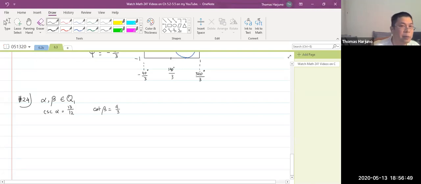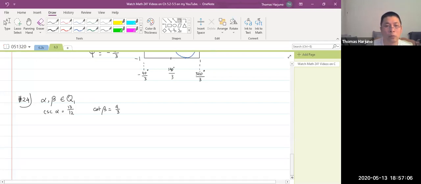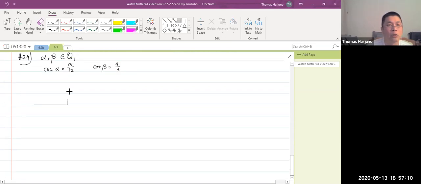Now you need to anticipate what happens if my alpha or my beta are not in quadrant 1. The key is, if they are not in quadrant 1, look at the reference angle first. So here I draw the right triangle to approach that. Suppose this is alpha.